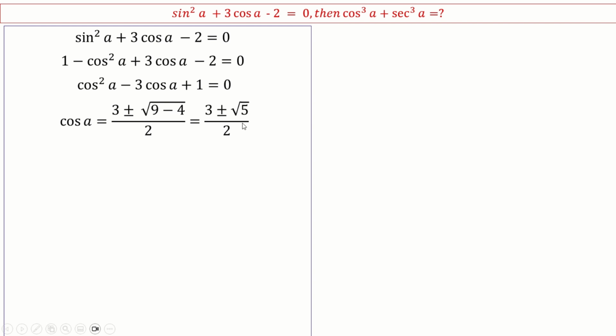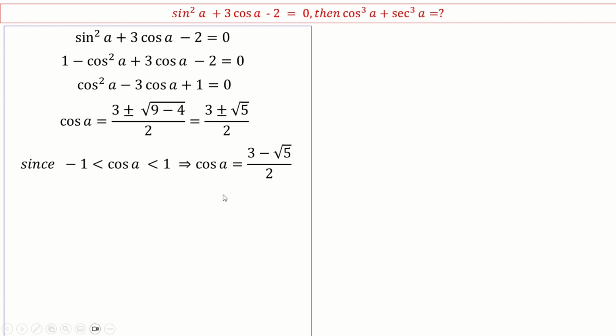So this is 3 plus or minus square root of 5, divided by 2. But cos a cannot be more than 1. It is in the range of minus 1 to plus 1, less than or equal to here. So cos a should be only 3 minus square root of 5 divided by 2. This is the only possible value because the other one is more than 1.